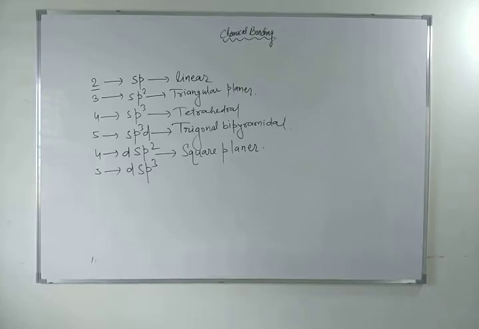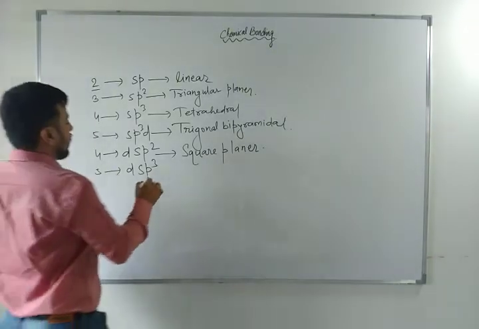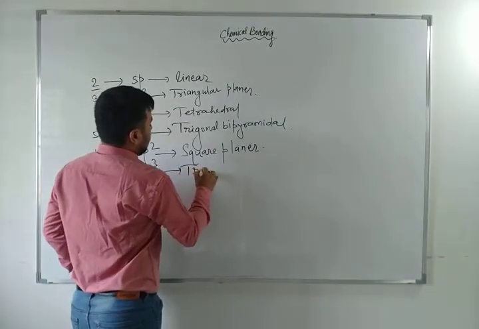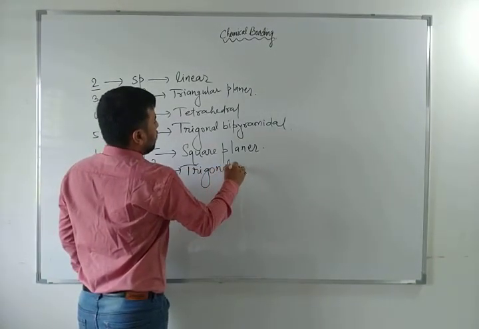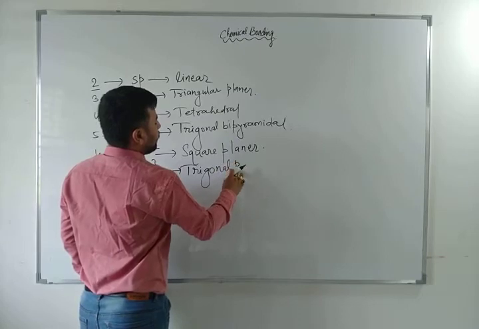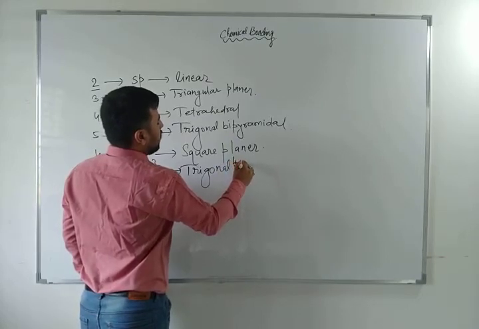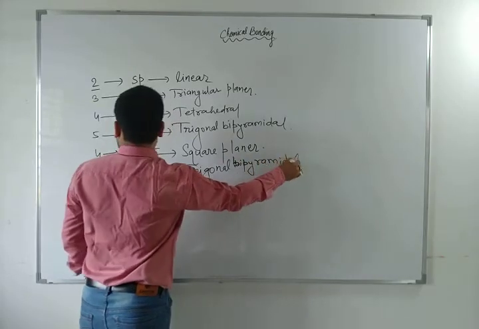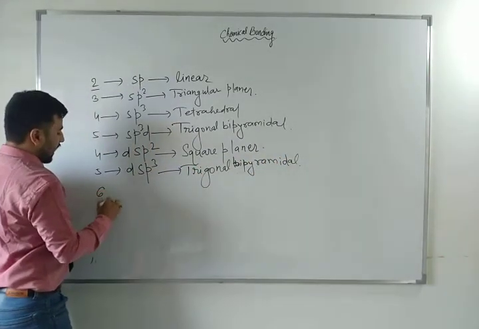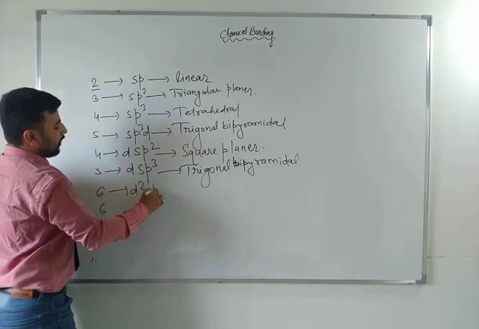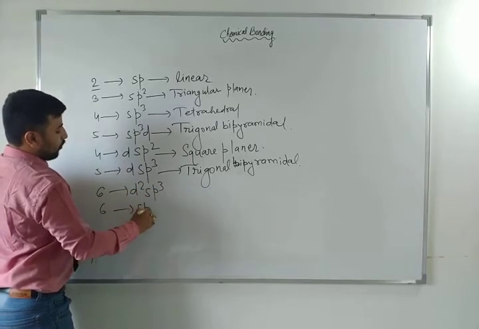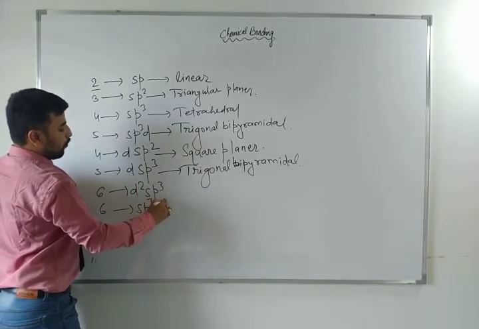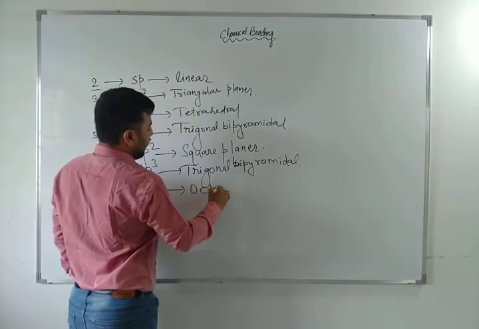Can you tell me which type of shape? The same will be trigonal bipyramidal. Remember the geometries. If there will be 6, d2sp3 or sp3d2, both will be octahedral structure.